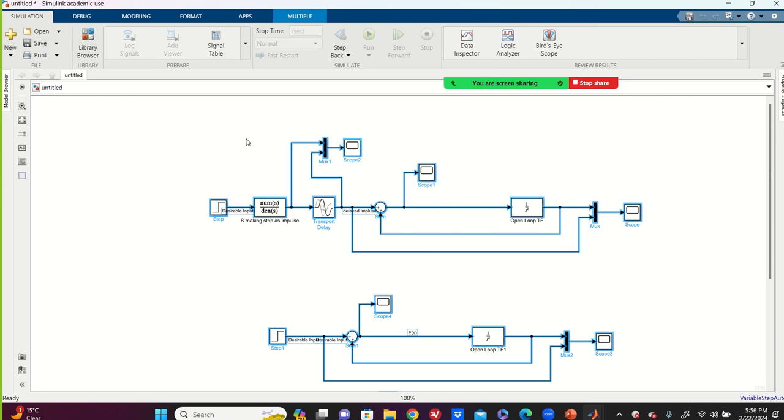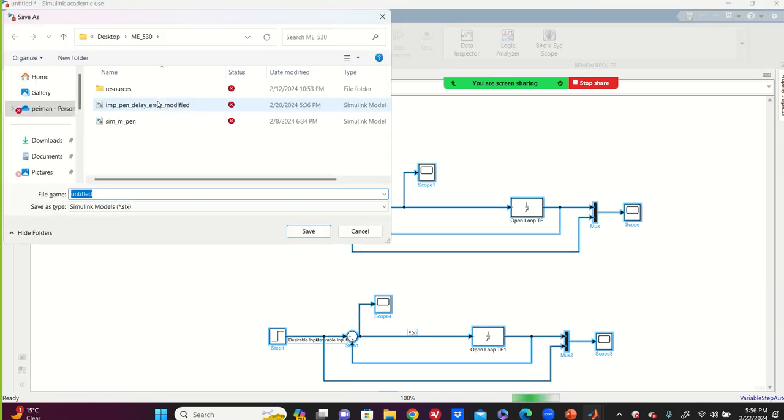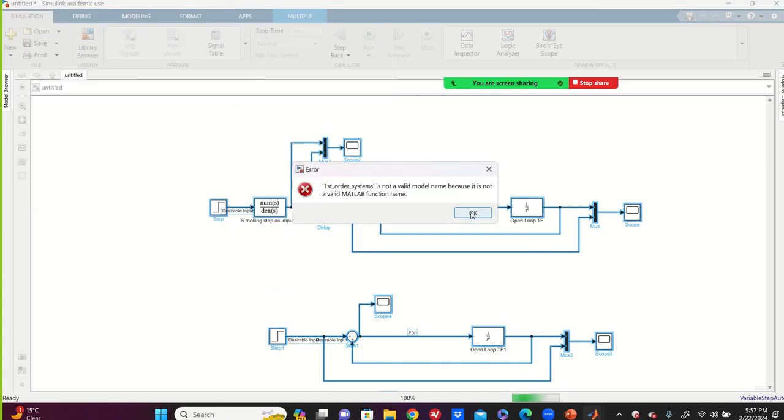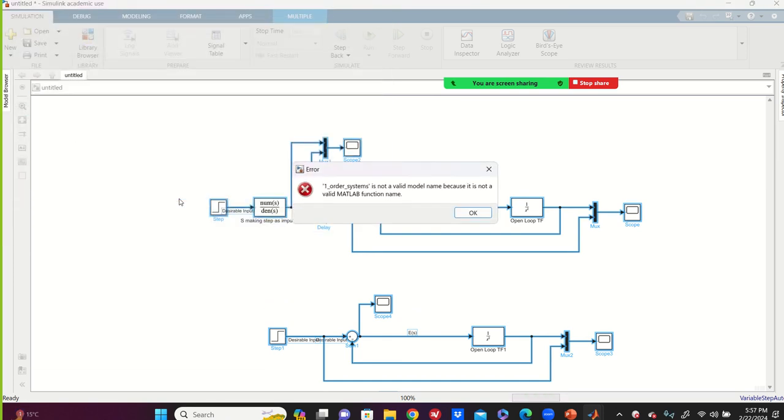And then I'm going to save it as first order system.